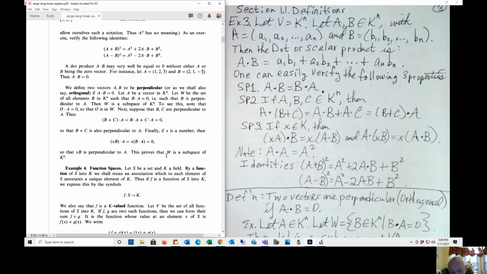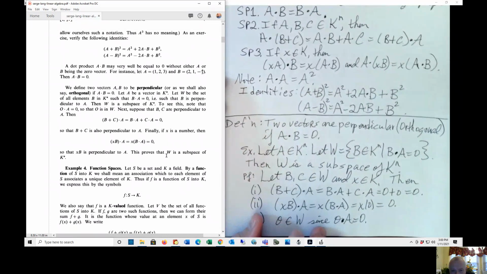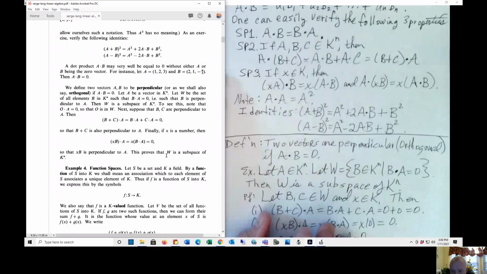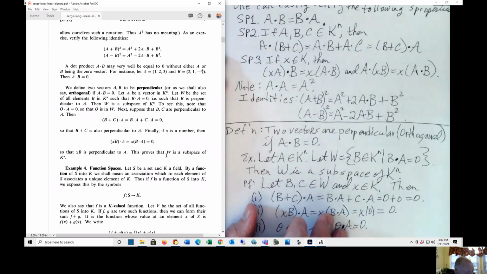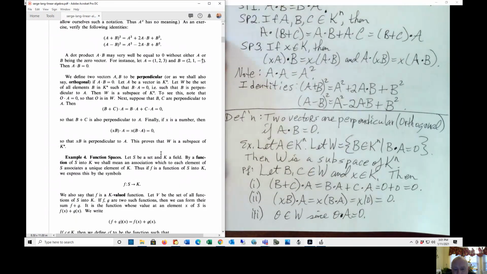And it's the scalar product that allows us then to look at ideas like perpendicular or orthogonal. And again, you already know this definition. Two vectors are perpendicular, or orthogonal is another fancy word for perpendicular, if their dot product is 0. Now here's an example below that.